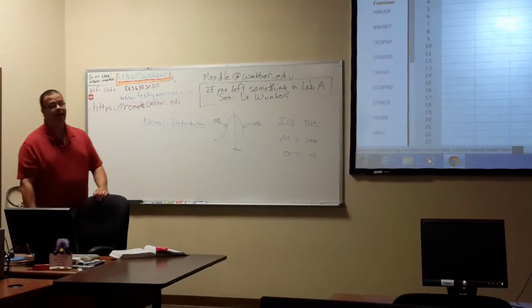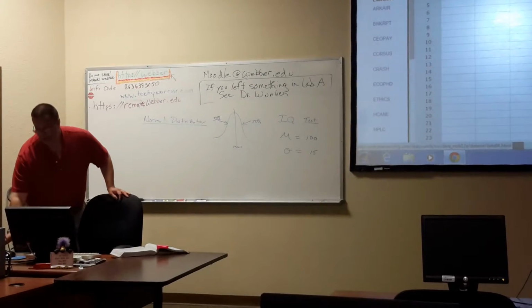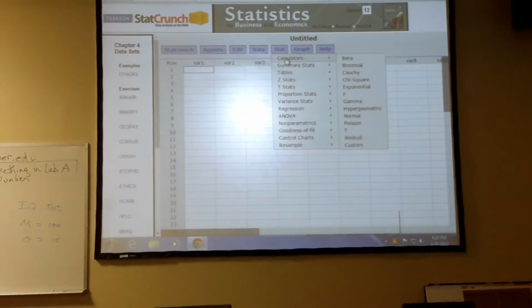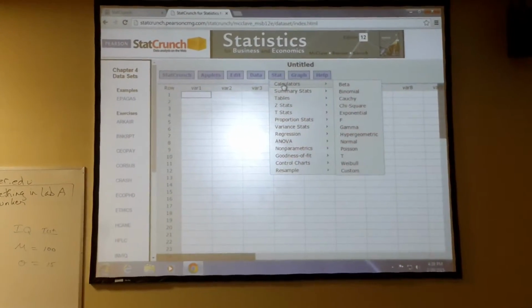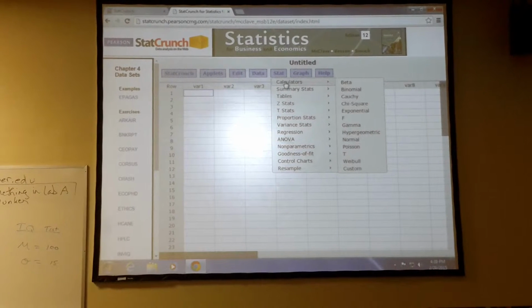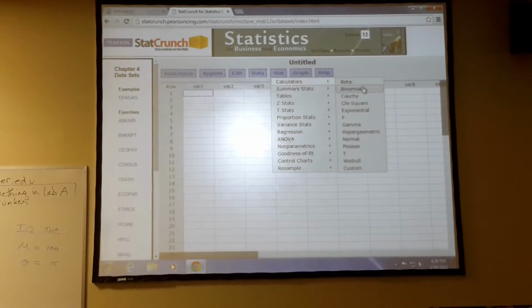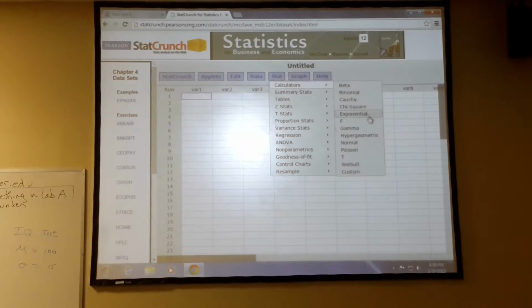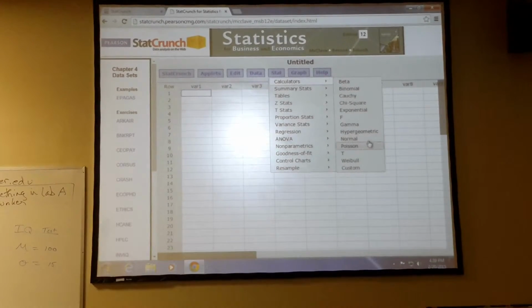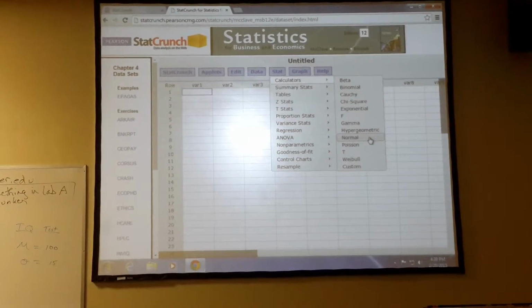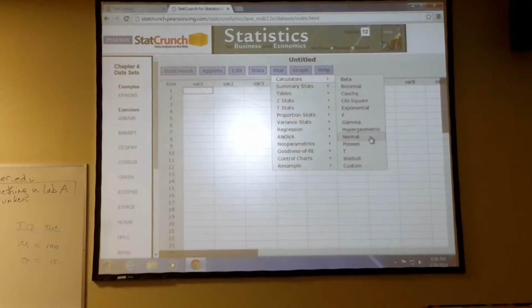So within StatCrunch then, we will go to our Stat button right up here, click on that, and it's going to be under Calculators to start off. And you'll remember we see the binomial calculator, the hypergeometric and Poisson calculators that we talked about with discrete distributions last time.